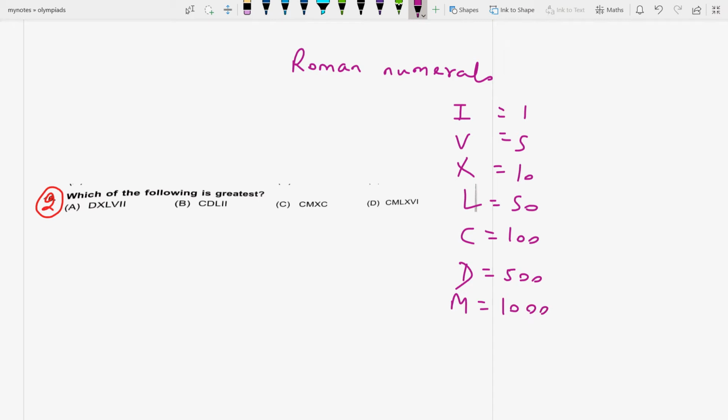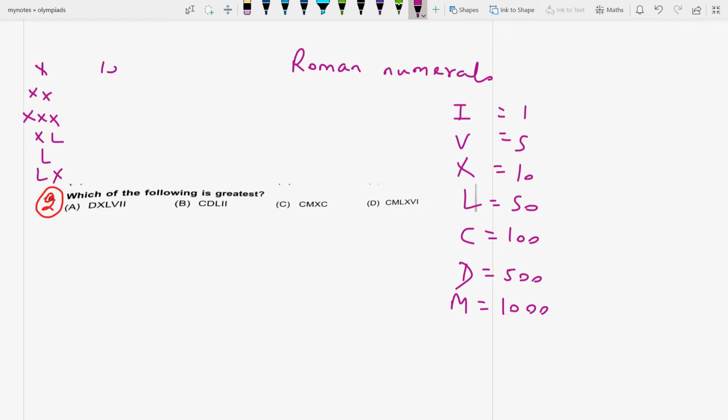Now, the principles that we apply in Roman numeration, I am not going to repeat each and every theory, but it is asked here which of the following is greatest. Some basic combinations you must be learning: X, XX, triple X, XL, L, LX.